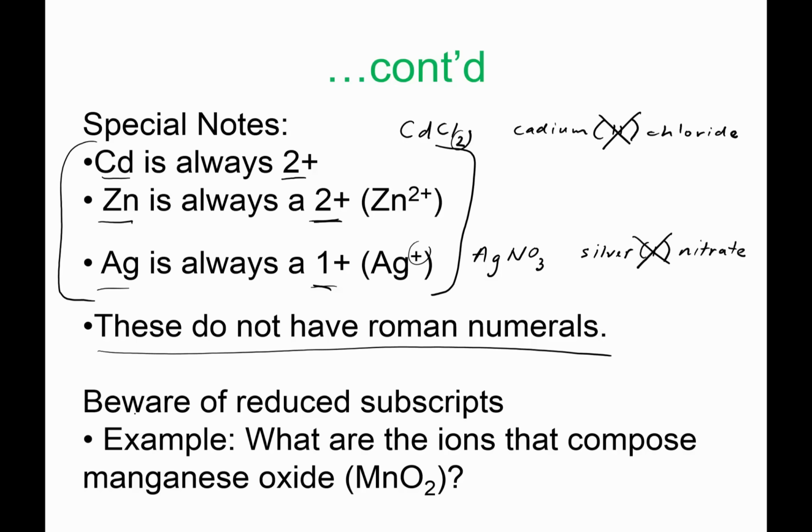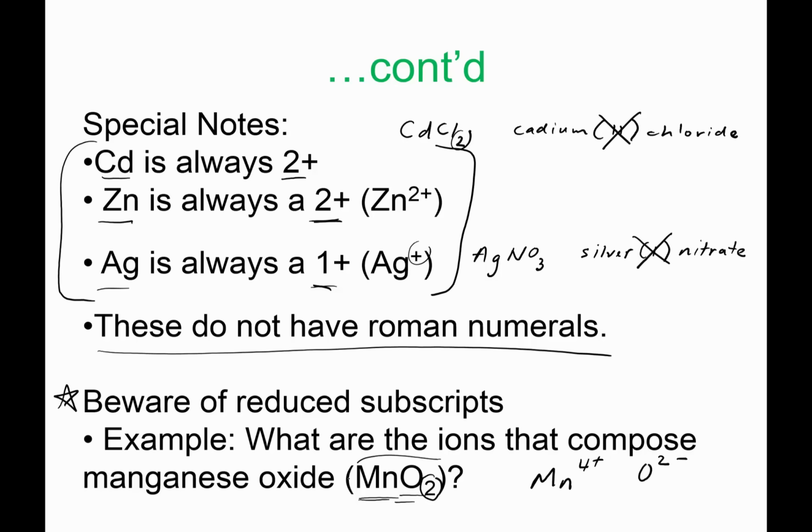Another special note is beware of reduced subscripts. So for example, here's a tricky one that got reduced. This 2 here means that manganese actually had a 4+, and your oxygen is always a 2-.